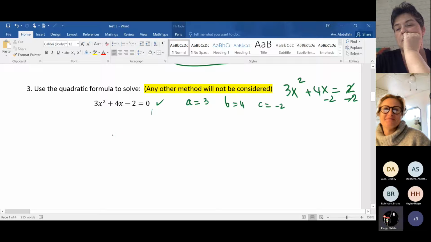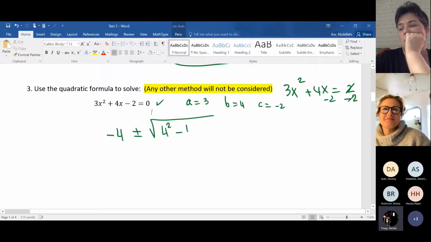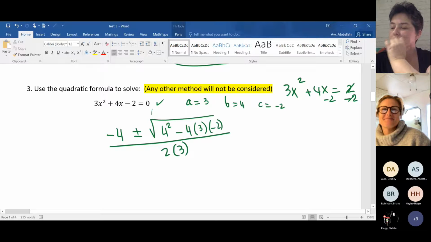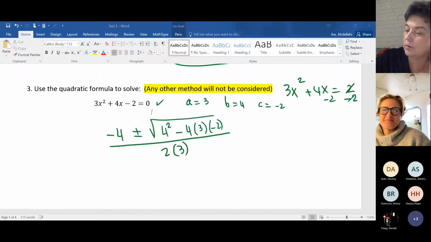It's going to be negative 4 plus or minus the square root of 4 squared minus 4 times 3 times negative 2, all over 2 times 3. Yeah, that's good. So you know the quadratic formula.